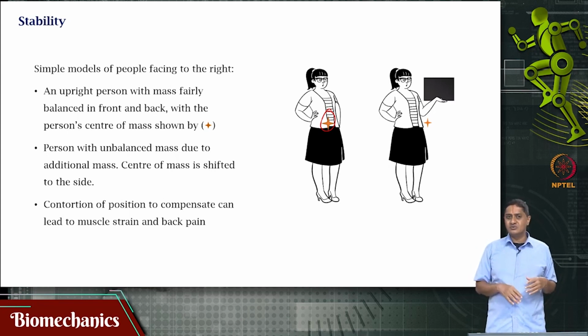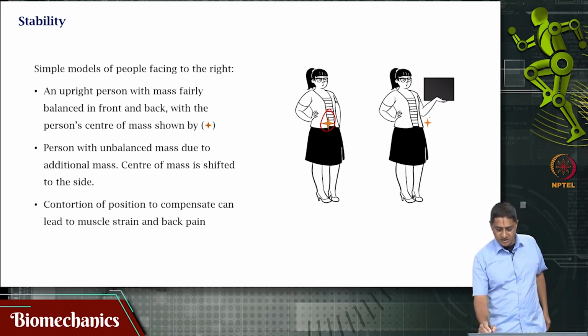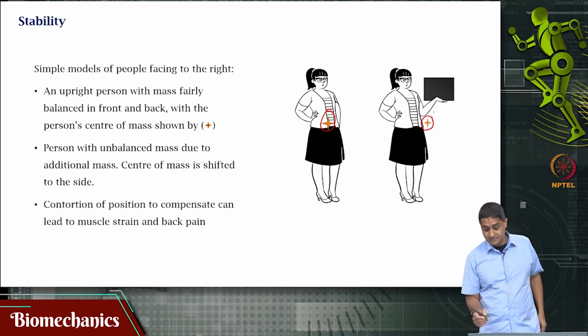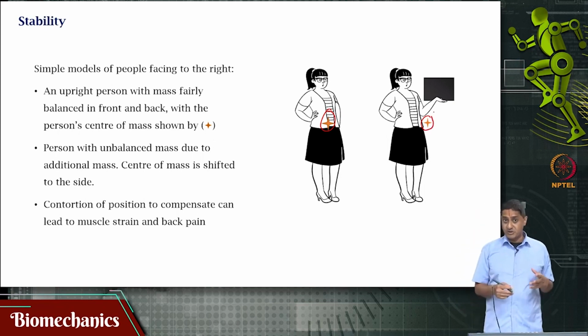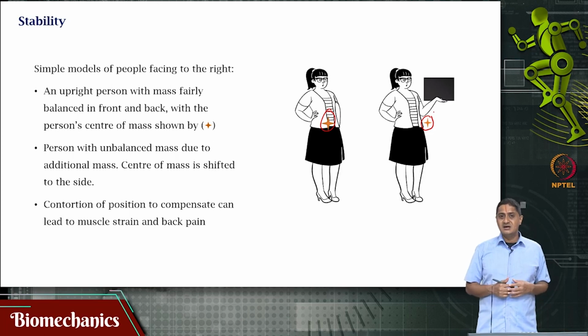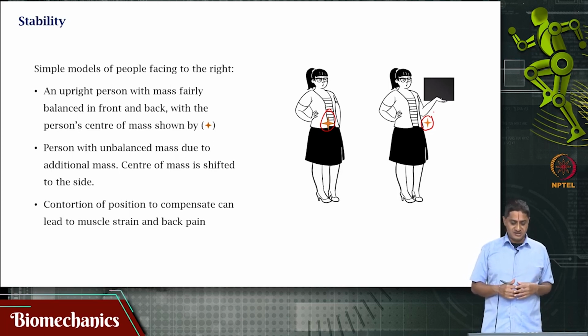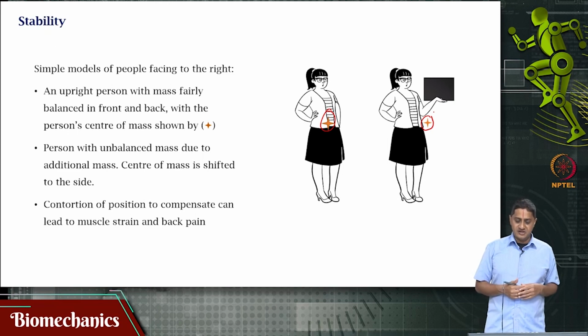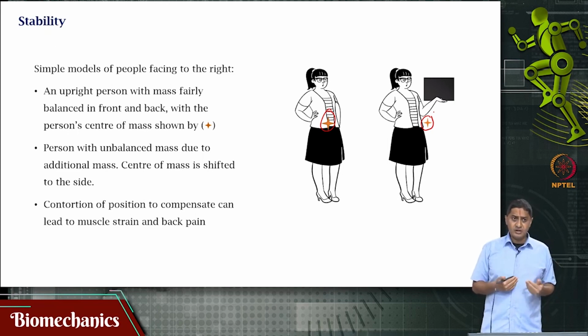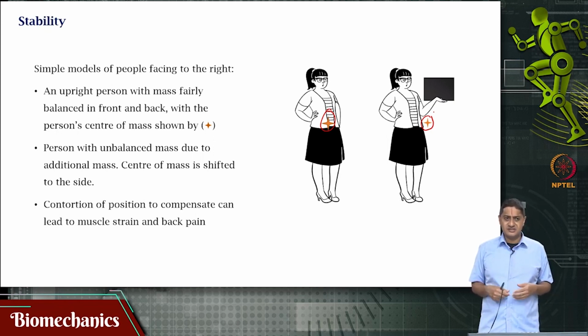It is something that you do once in a while, and you probably can develop compensatory or adaptive mechanisms for the few times that you are doing it. So when you are lifting this weight, the center of mass shifts outside, at least momentarily. So there is an amount of instability that this person undergoes, and there is a need to compensate. So there is contortion of the position to compensate.